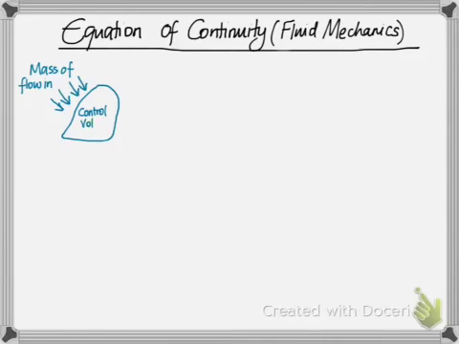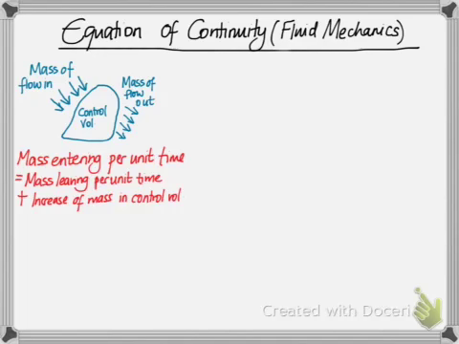The principle states that the mass entering this control volume per unit time will be equal to the mass leaving per unit time plus the increase of mass in the control volume per unit time. So I'm just going to write that down because that's going to be our basic principle for this lesson. That really is our defining principle that we will then apply to fluids and deduce the continuity equation.